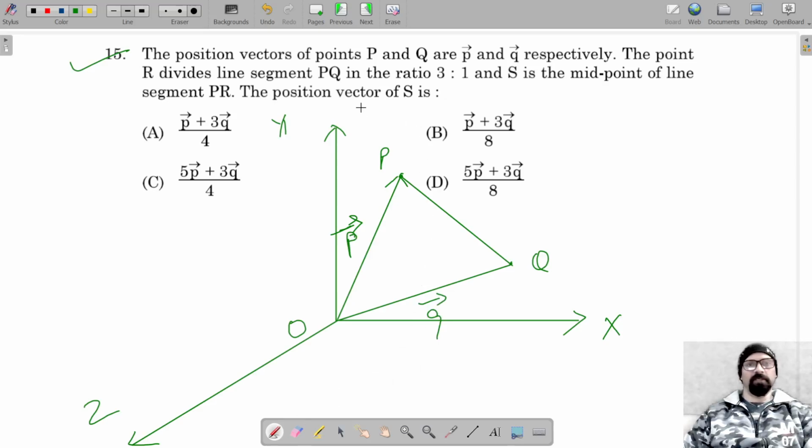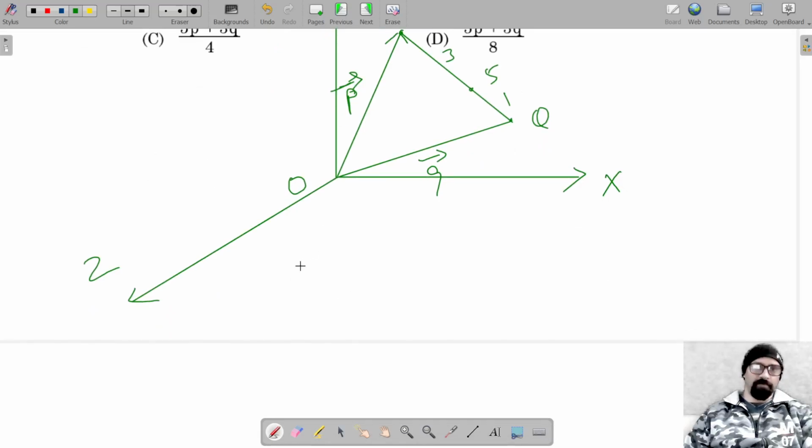Now there is a point S on PQ which divides the line segment in the ratio 3:1. Now the position vector of S will be OS. So this is the position vector of the point S, which is OS.